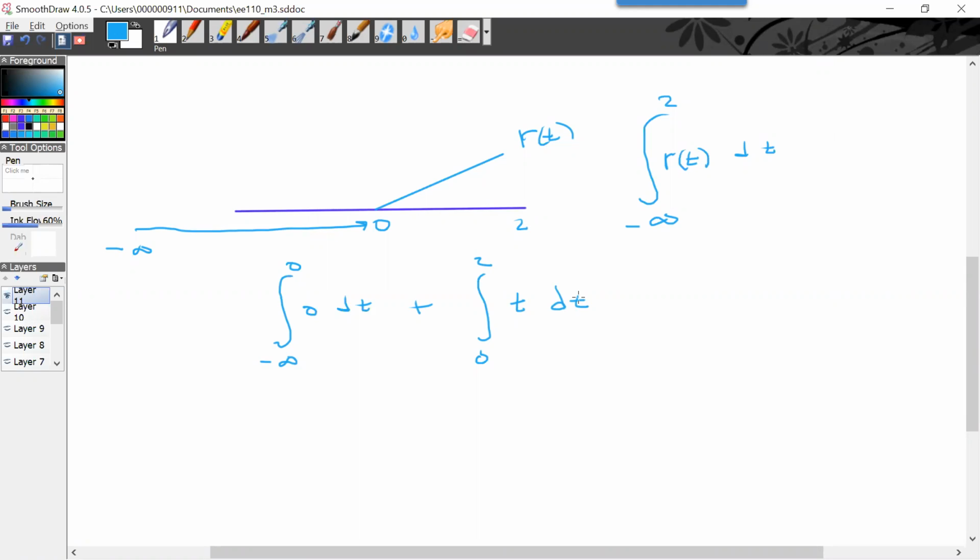Now, where you can get, let's say, eaten up, obviously if the limits are all on 0, it's going to be 0.